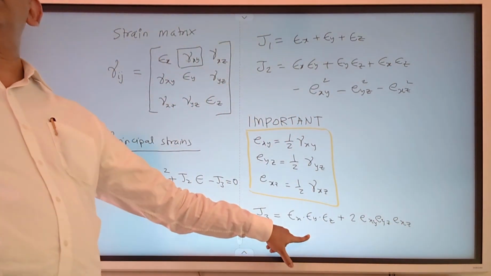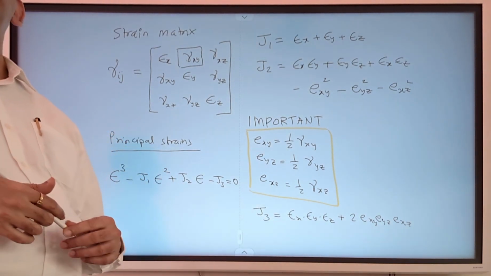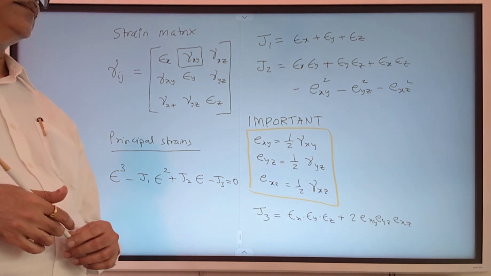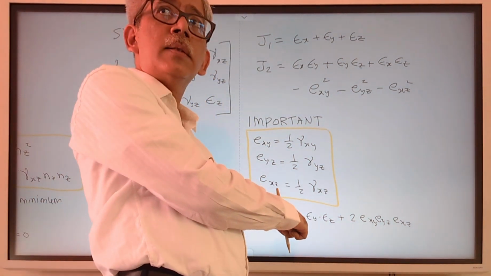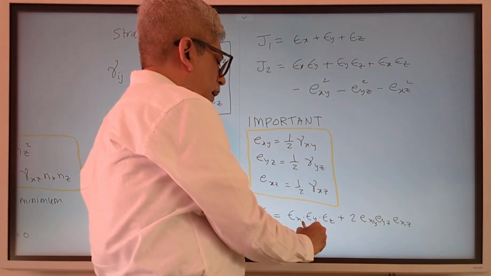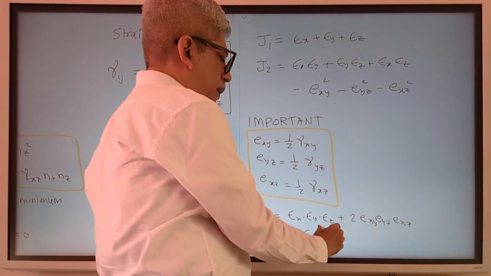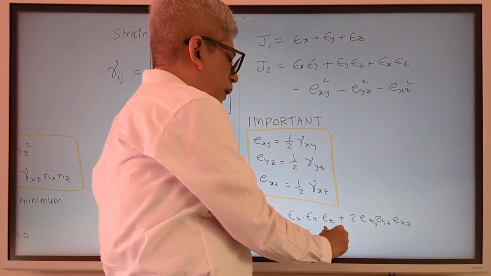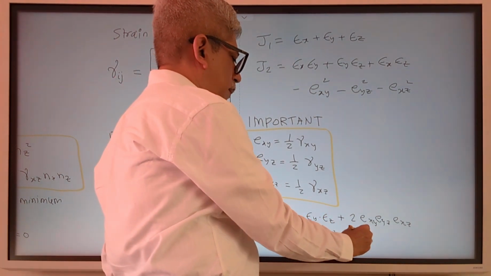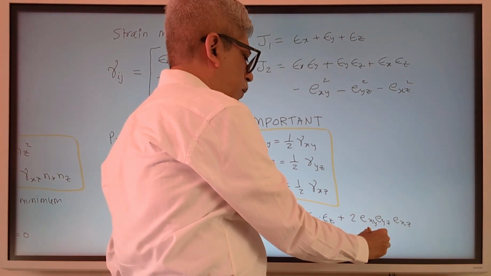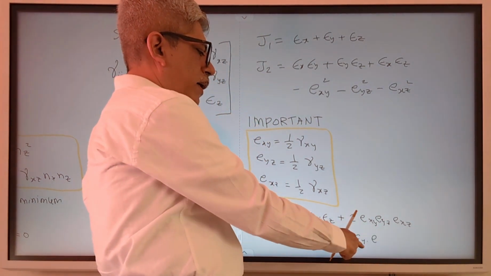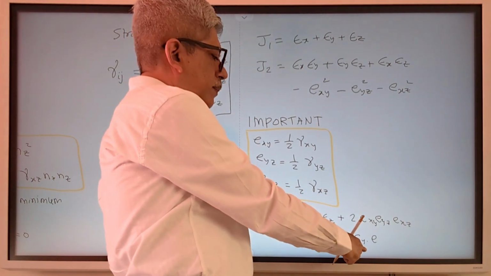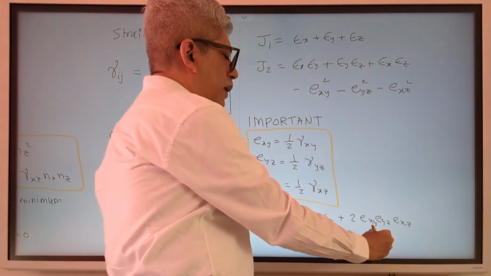So can somebody tell what is the first term? Epsilon x, eyz. Plus or minus? Minus. Minus epsilon x, eyz. Minus epsilon y into e, if it is x, it is yz; if it is y, it would be xz.